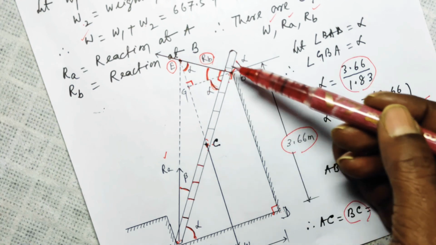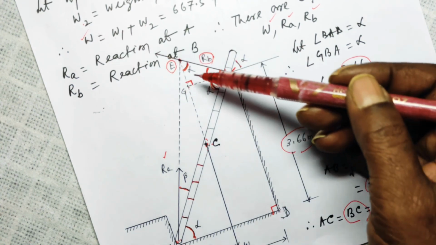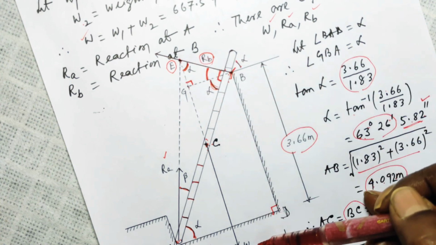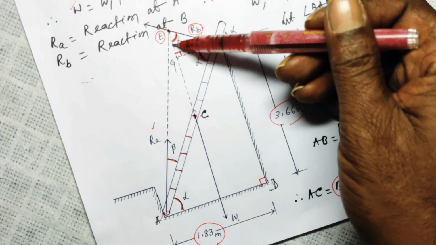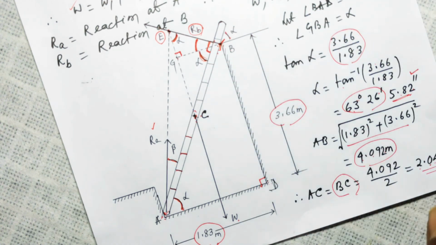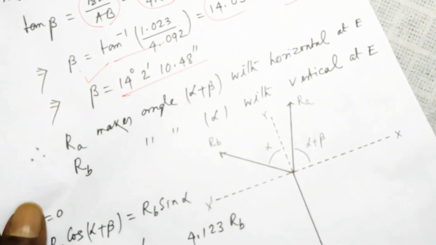And at point E, this RB is pointing in this direction. And at point E, the weight W is pointing downward. So that is what I am explaining in the free body diagram.